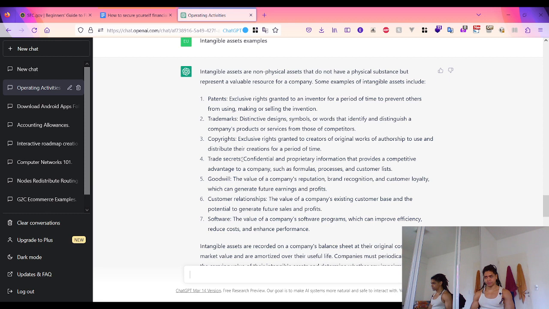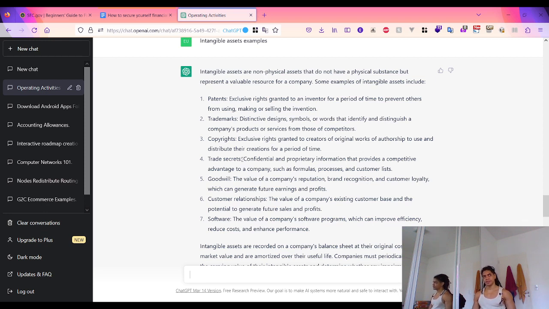Trade secrets: confidential and proprietary information that provide a competitive advantage to a company, such as formula, process, and customer lists. Goodwill: the value of a company's reputation, brand recognition, and customer loyalty, which can generate future earnings and profits.